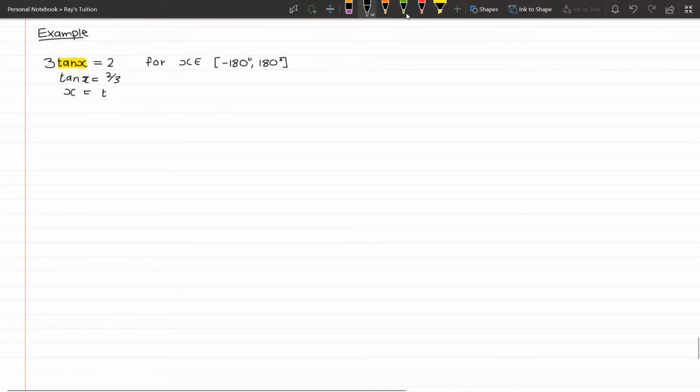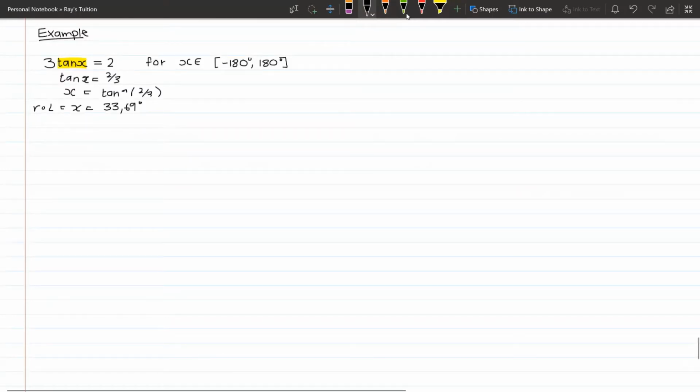So x is tan to the power of minus 1 of 2 over 3, and this is our reference angle. Typing that into your calculator, we get 33.69 degrees, rounded off to 2 decimal places. So that is our reference angle.